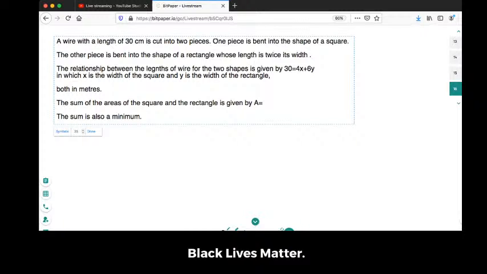So the relationship between the lengths of wire for the 2 shapes is given by 30 equals 4x plus 6y, in which x is the width of the square and y is the width of the rectangle, both in meters. The sum of the areas of the square and the rectangle is given by A equals, and I should write that in now, A equals x squared plus 2y squared.